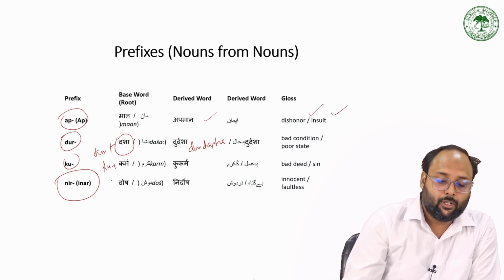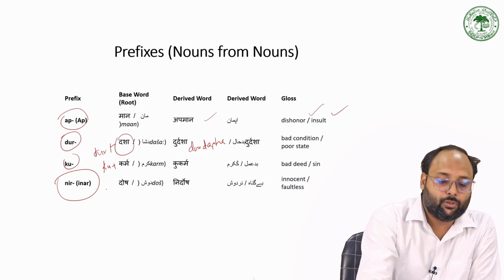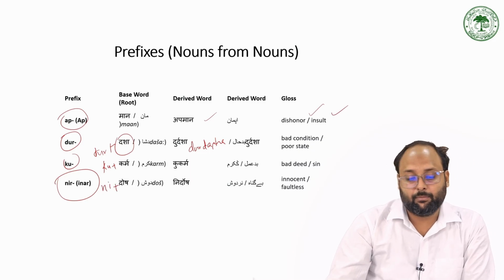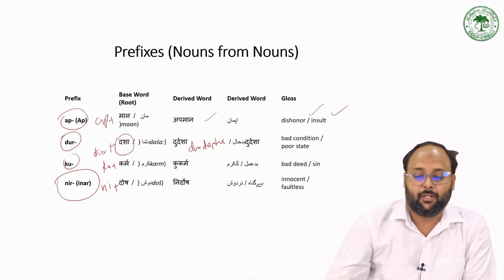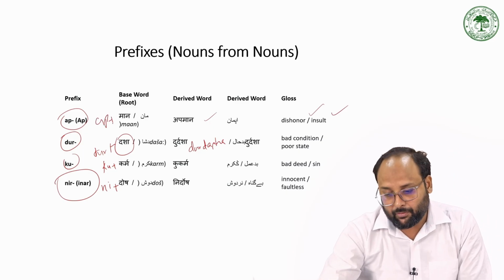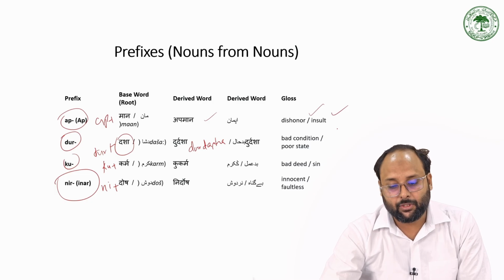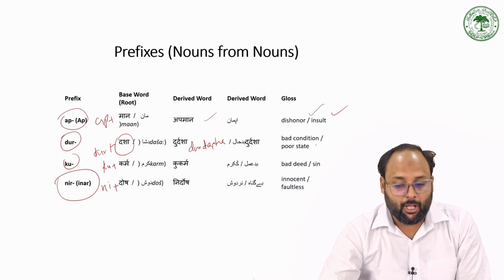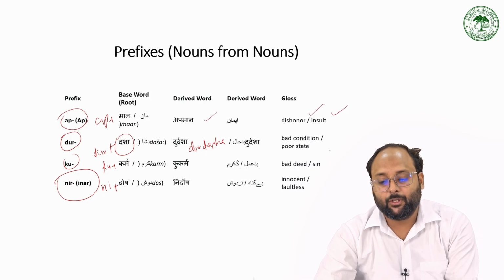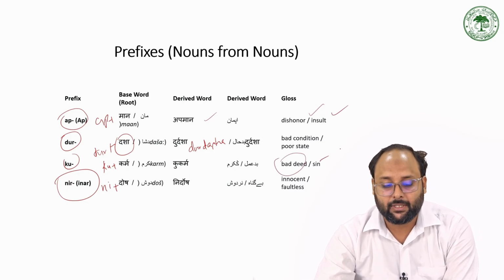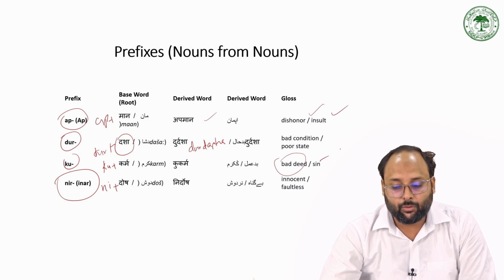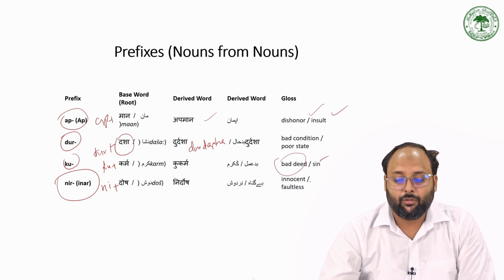There is dosh and nirdosh. So nir is the prefix that we are adding for negative meaning. Upman gives the meaning of dishonor. Dasha becomes durdasha, which gives the meaning of bad condition, and karam becomes kukaram, which gives the meaning of sin or bad deed, and dosh becomes nirdosh, which gives the meaning of innocent or faultless.